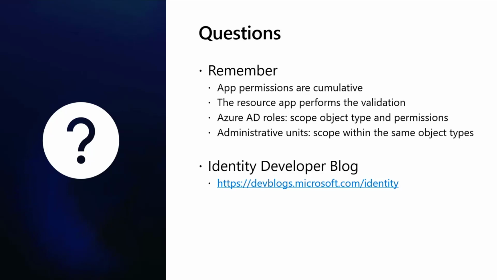The resource app is responsible for validating the token, so checking what can be done. Azure AD roles will scope object type and permissions, so what permissions to what objects, and administrative units will scope within the same object types. So which users, which groups, which devices you would need to manage.